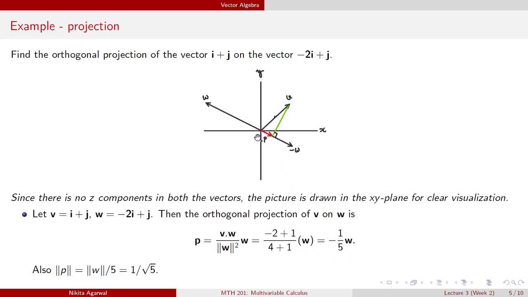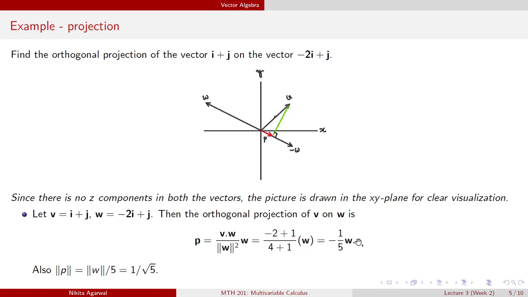So this red vector that you see is basically the projection. And this green line is the perpendicular that you drop from the terminal point of V to the vector W. And it lands in the negative direction. What is its length?